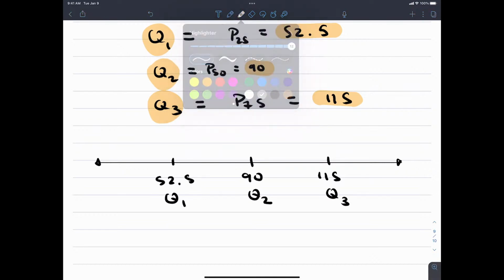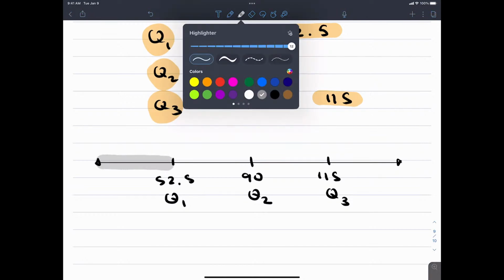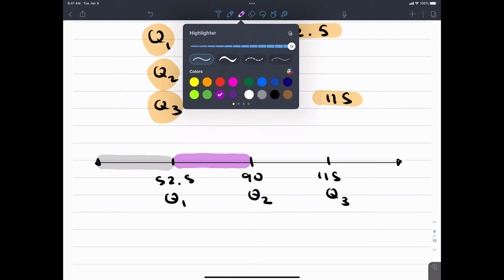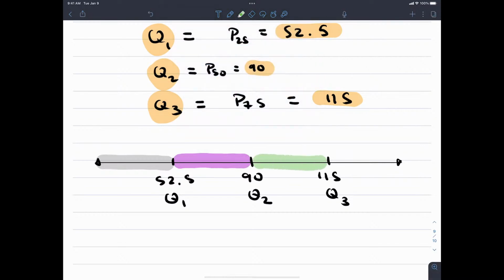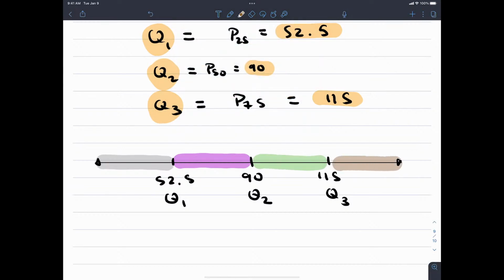You partitioned your data into how many groups? 4 groups. And that was the test score data. 25% of the data is where? To the left of 52.5. And 50% is to the left of Q2.